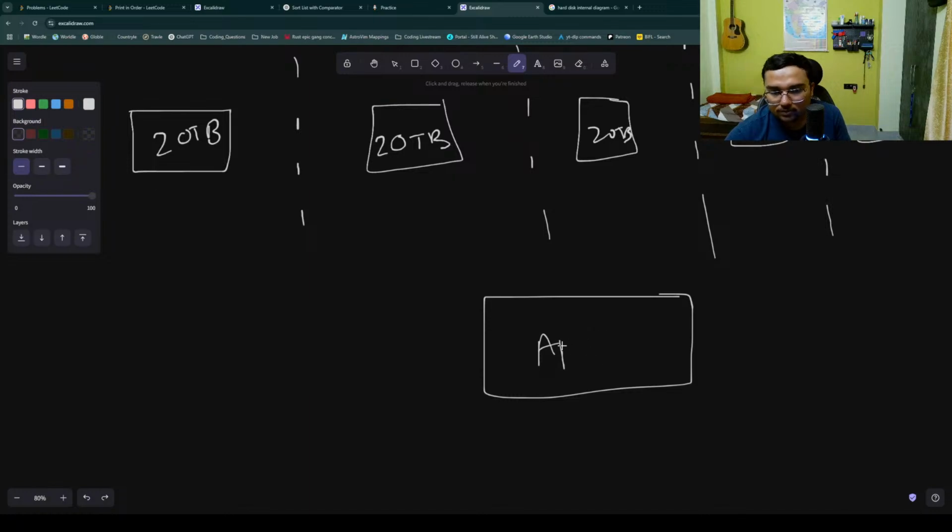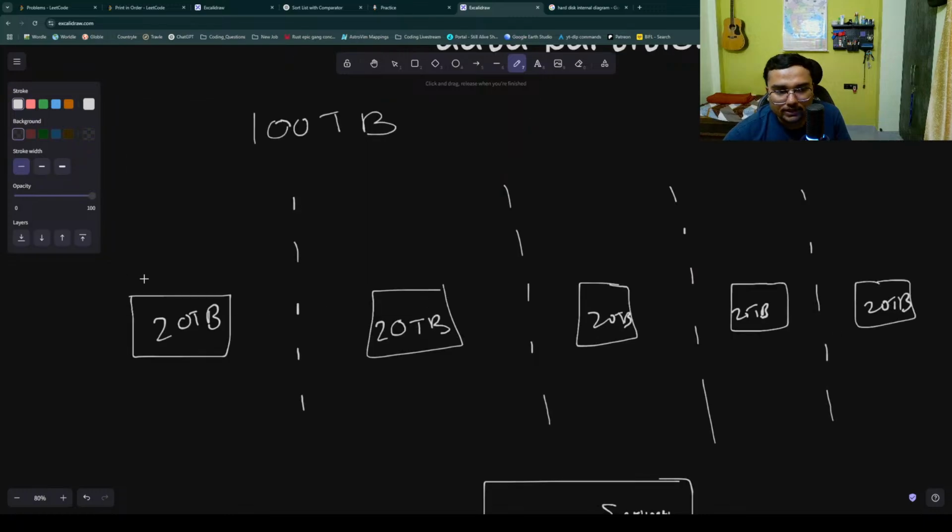App server would be appropriate. But these are also individual servers. DB servers, we call them.